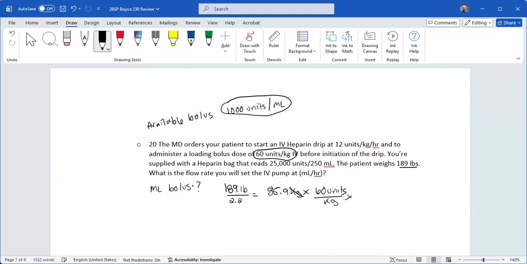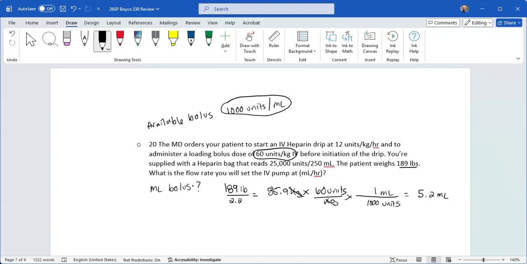That gets rid of kilograms, and then the 1,000 units per milliliter gives us our 5.2 mL.